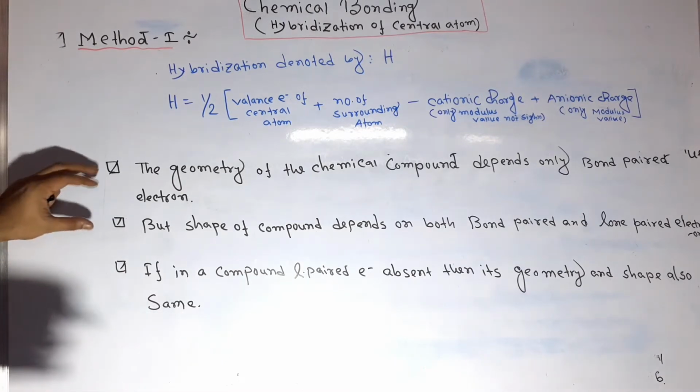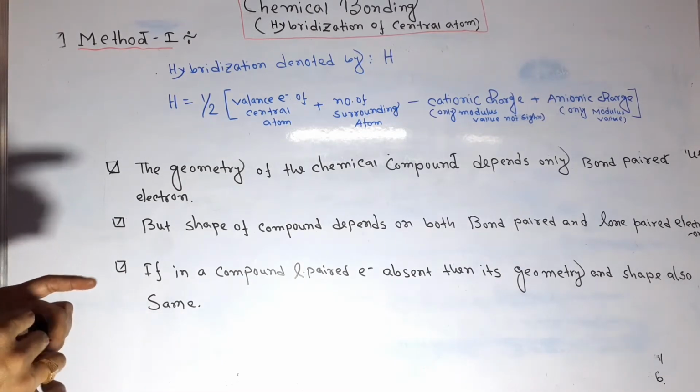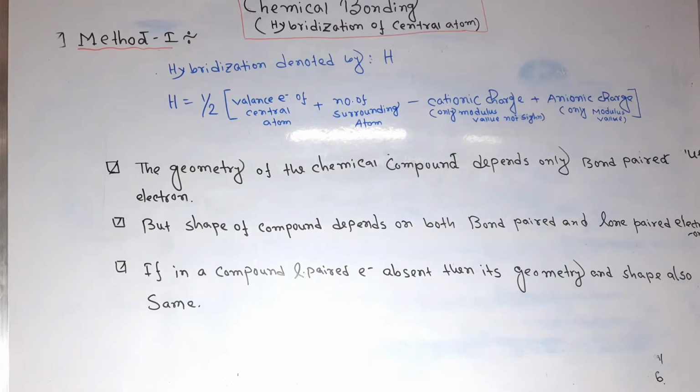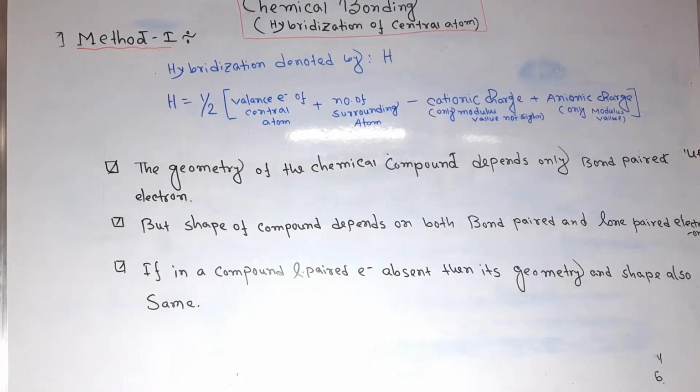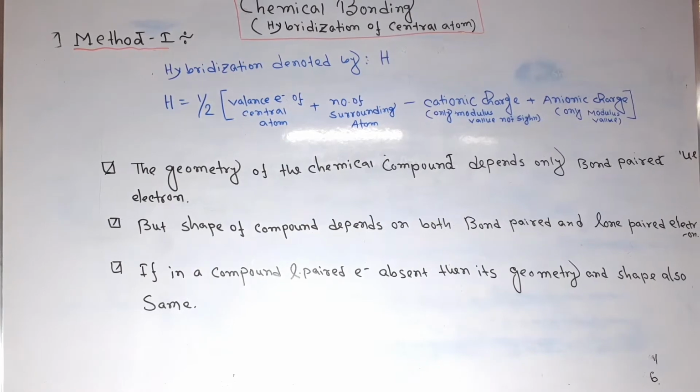What are the three notes that must be kept in mind? The geometry of the chemical compound depends only on the bond paired electrons.